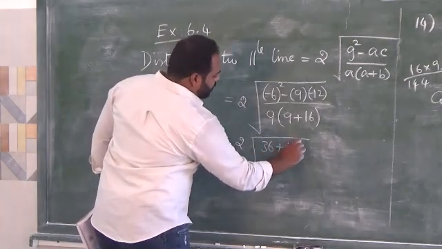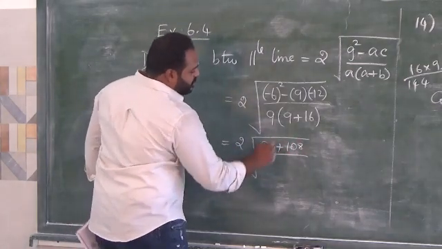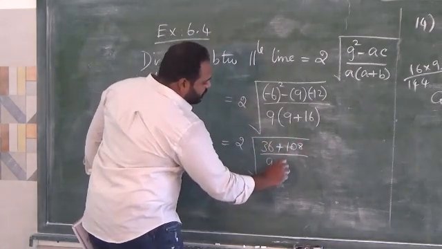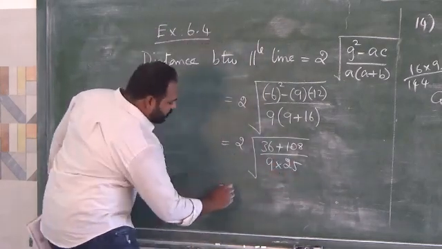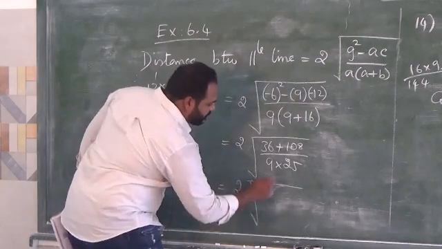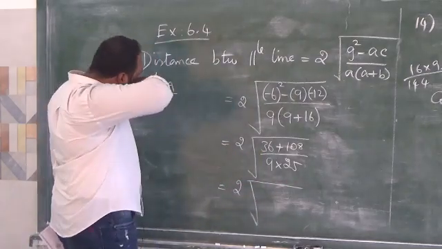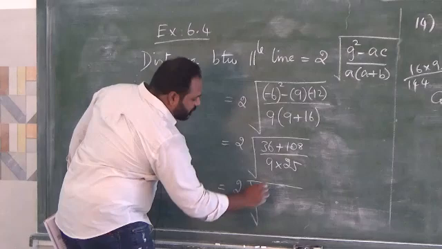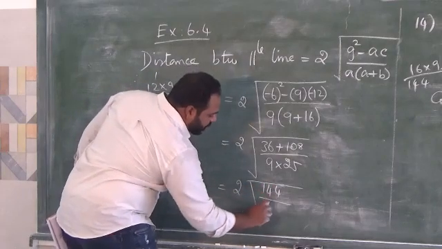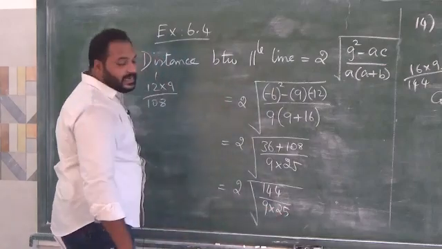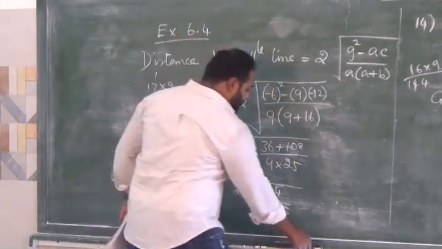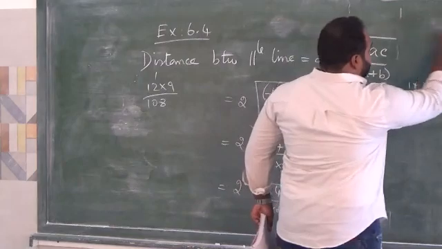This is 36, minus into minus plus, 12 into 9 is 108, divided by 9 into 25. If you add the numerator, it is 144 by 9 into 25. Don't multiply this, directly we can take the square root of these values. That's why I didn't multiply here.